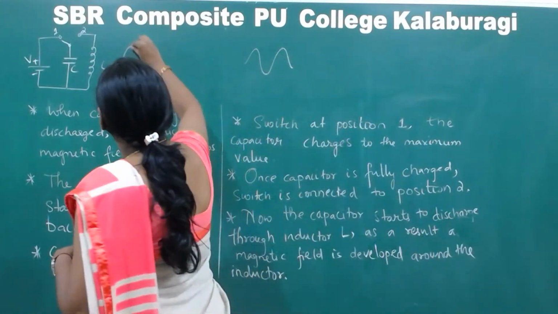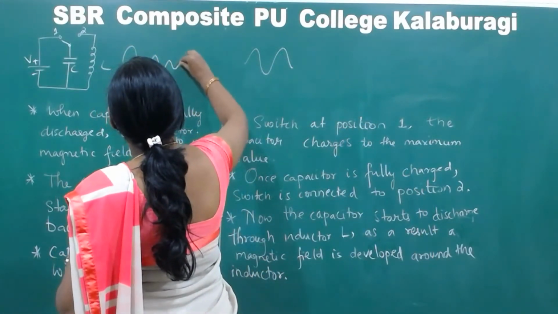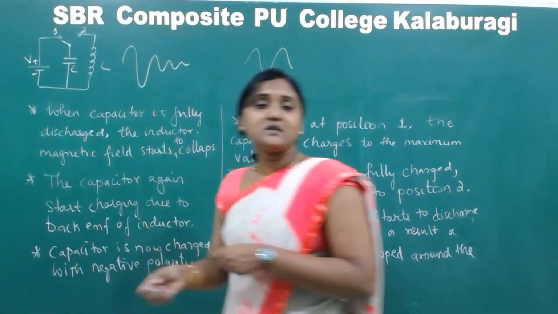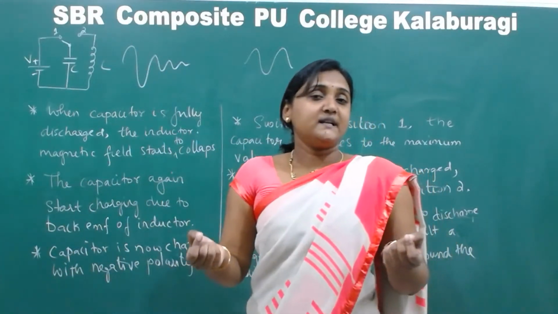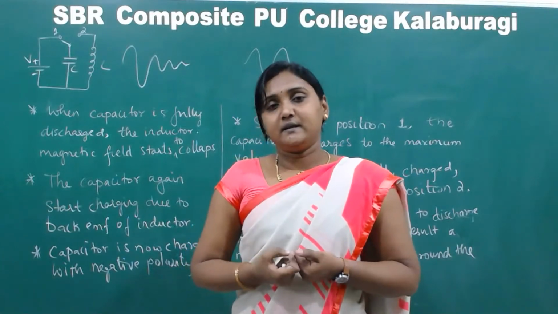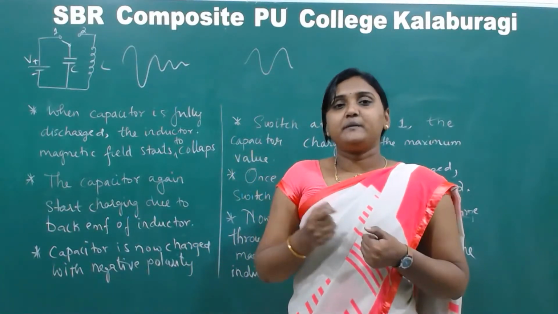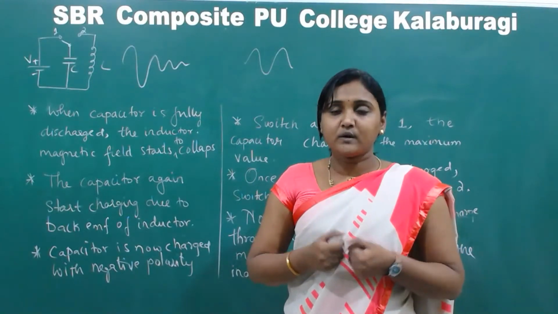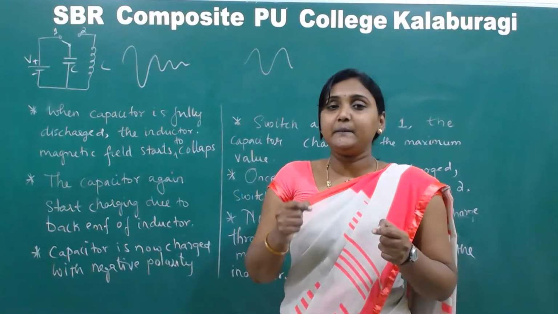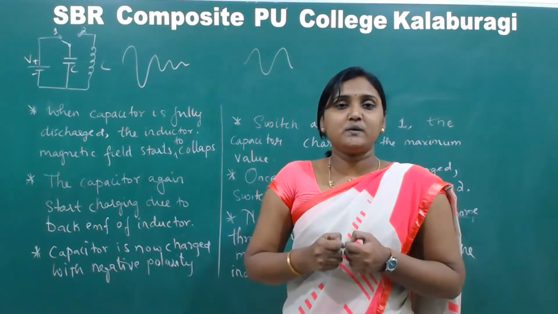But this particular circuit produces damped oscillations. Why damped oscillations? Because it is not satisfying Barkhausen's criterion. That means there has to be one amplifier and also a feedback path. There has to be a positive feedback and a beta. That means loop gain has to be equal to 1.